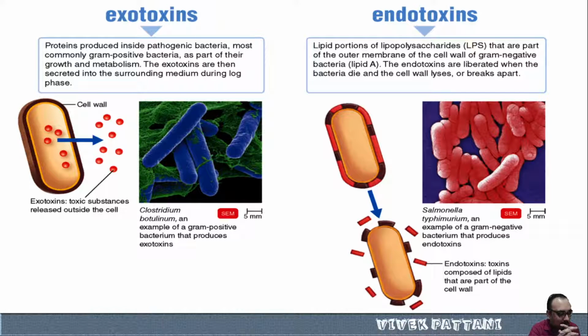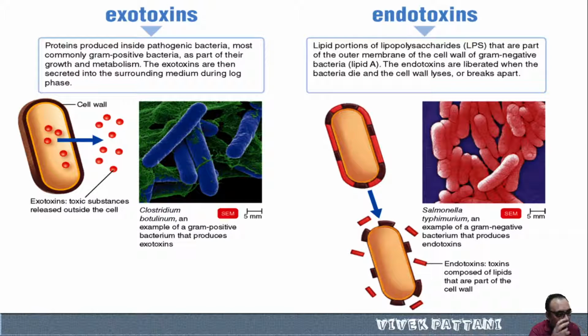Now, what are exotoxins and endotoxins? Endotoxins are produced inside, whereas exotoxins are produced inside some bacteria as a part of their growth and metabolism, but are secreted by the bacterium into the surrounding medium.